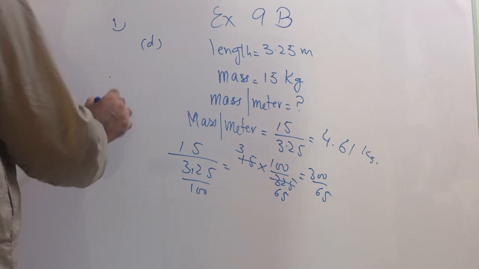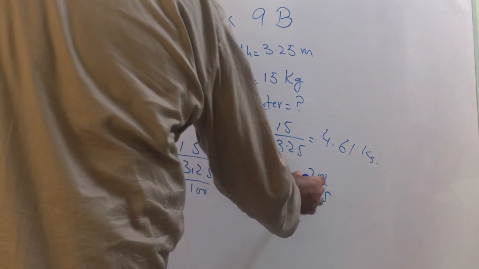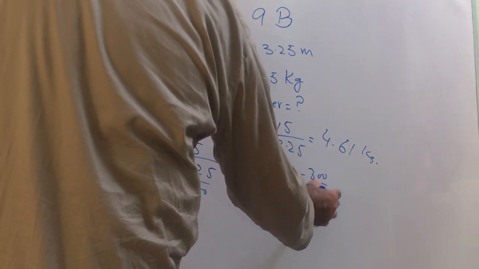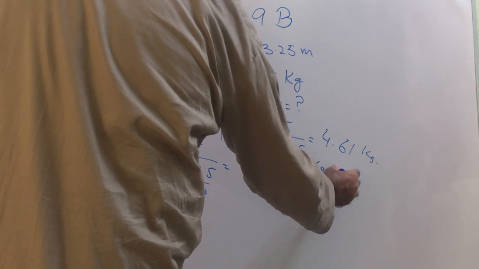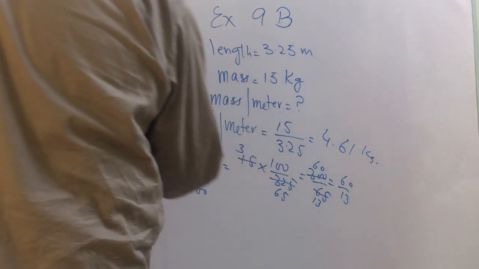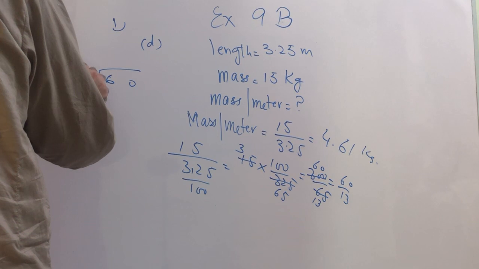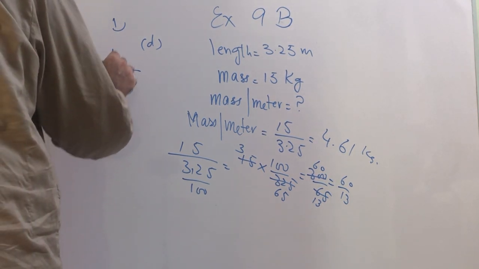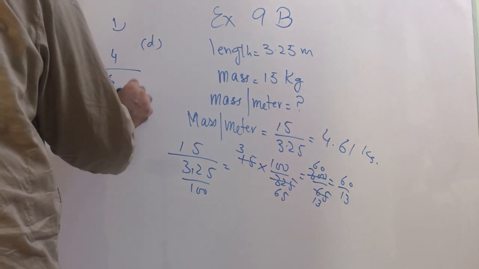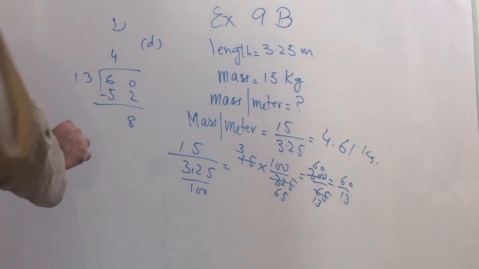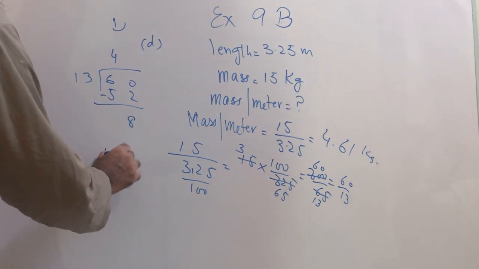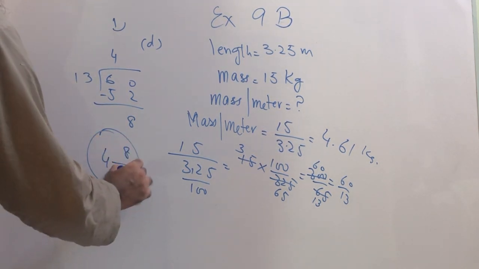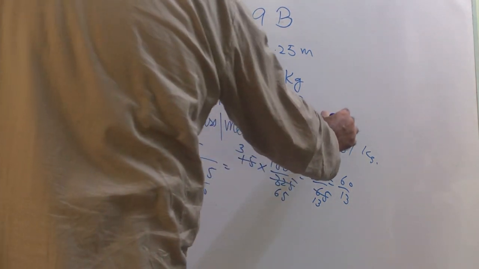But we can also, 5 1s are 5, 5 3s are 15. Becomes 60 over 13. 13 4s are 52. Okay, it becomes 4 whole number 8 over 13. This answer is correct. This answer is also correct.